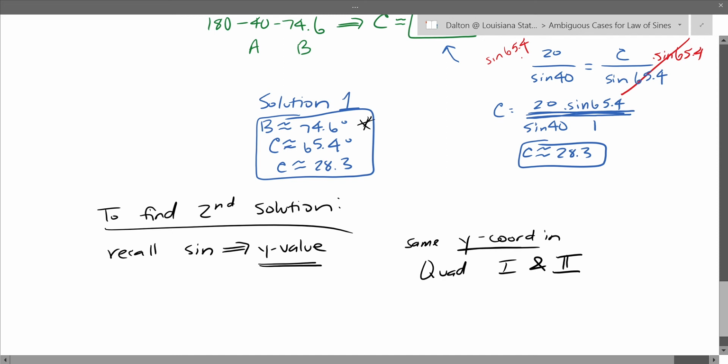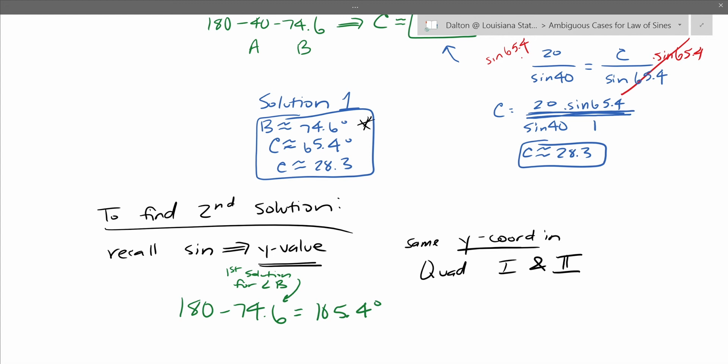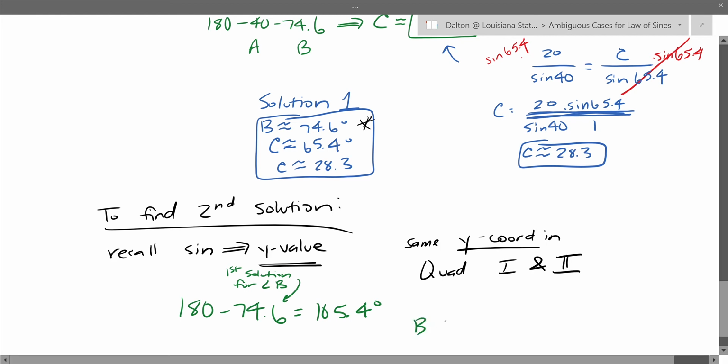So we're going to take 180 minus 74.6, because this was the first solution for angle B. And we're going to get 105.4 degrees. So both of those two angles, 74.6 and 105.4, are in quadrant 1 and quadrant 2 respectively. Those will have the same sine value. So this implies that angle B is approximately 105.4 degrees.